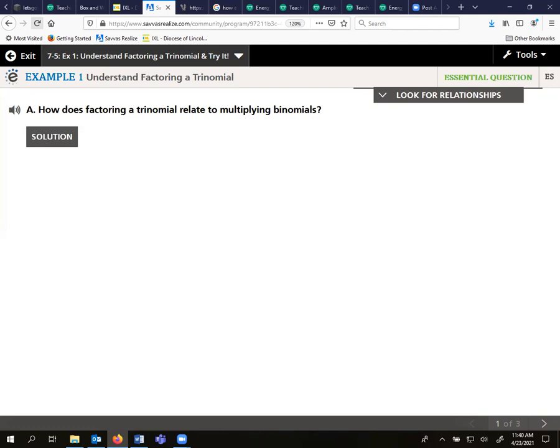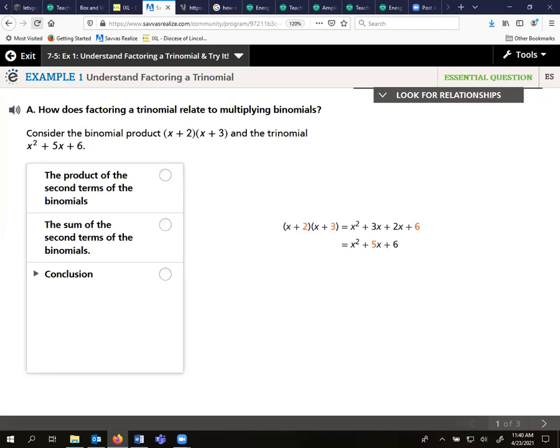Okay, so we're going to consider binomials x plus 2 times x plus 3, and the trinomial x squared plus 5x plus 6.